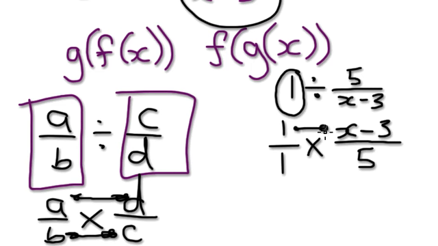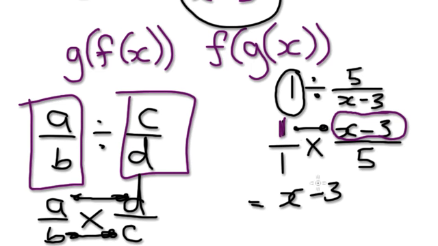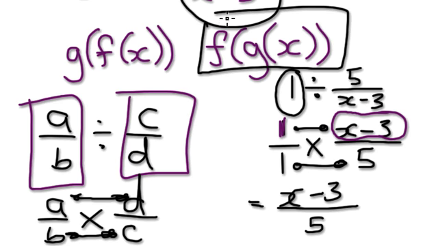So now it's top times top. So that will become x minus 3, because you can imagine this as being a bubble here, and then you times 1. 1 times a bubble is just a bubble. And the bottom is going to be 1 times 5. So what I'm trying to say is that this function here is this thing here.